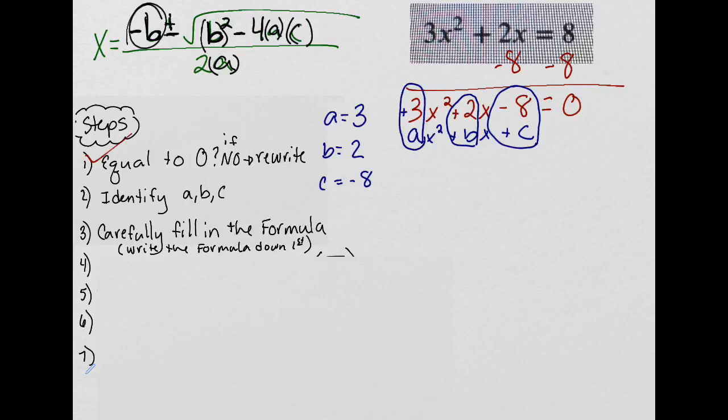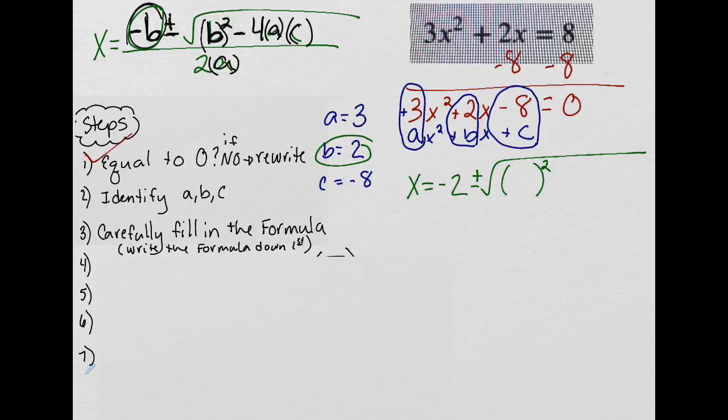Okay, so here we go. X equals negative b. Our b value is 2, so the opposite sign is negative 2. Plus or minus the square root of b squared. Notice how I put parentheses and squared it.